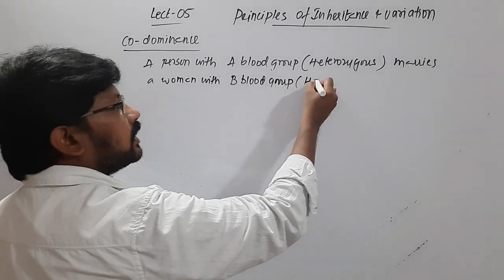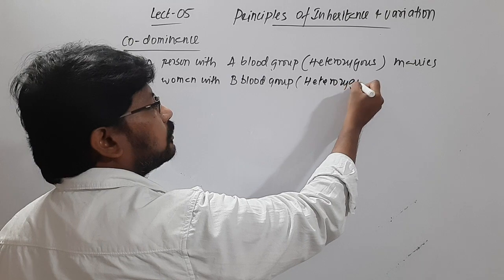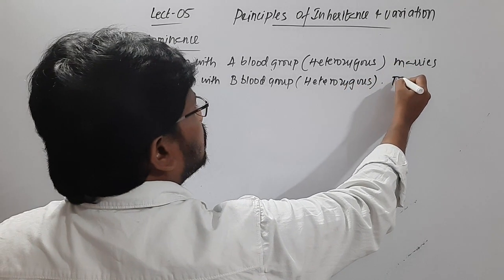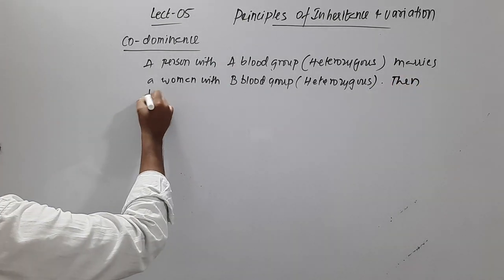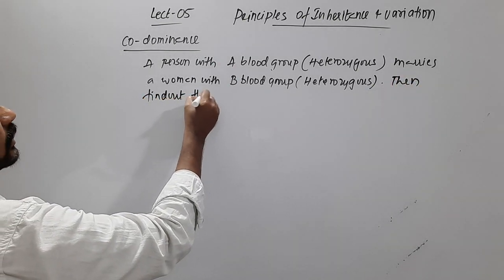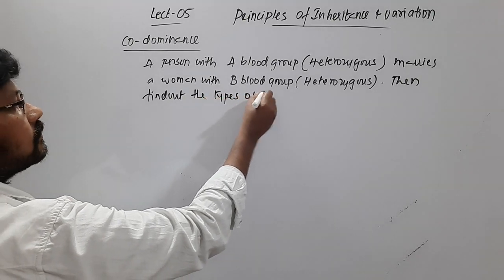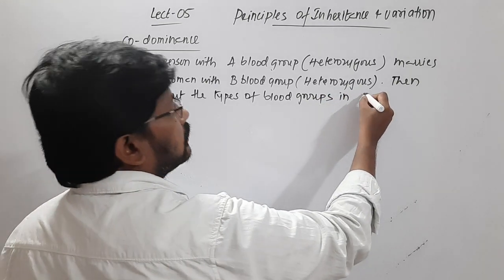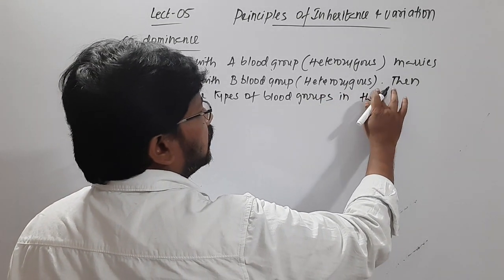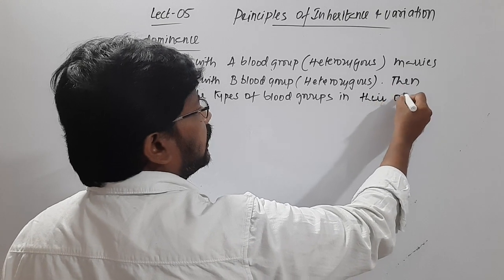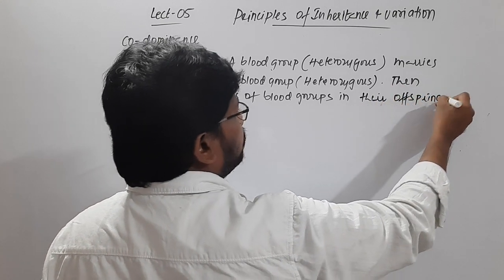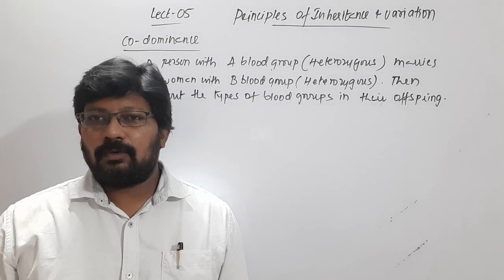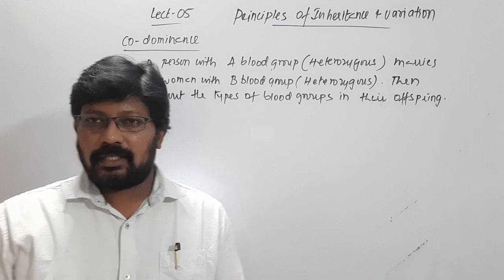In this case, the woman is also heterozygous. Now find out the types of blood groups in their children or in their offspring. If they have children, what type of blood groups will we be seeing in their children?